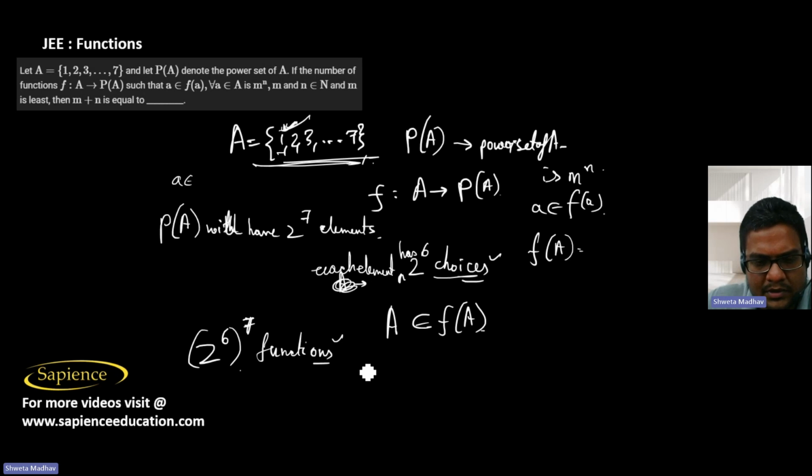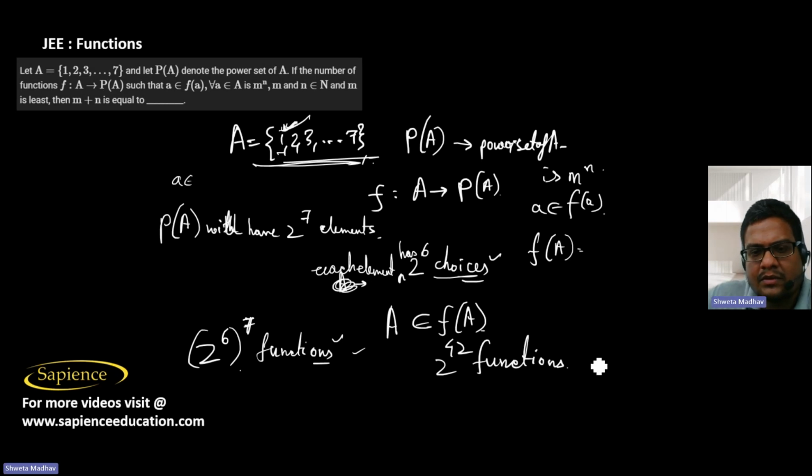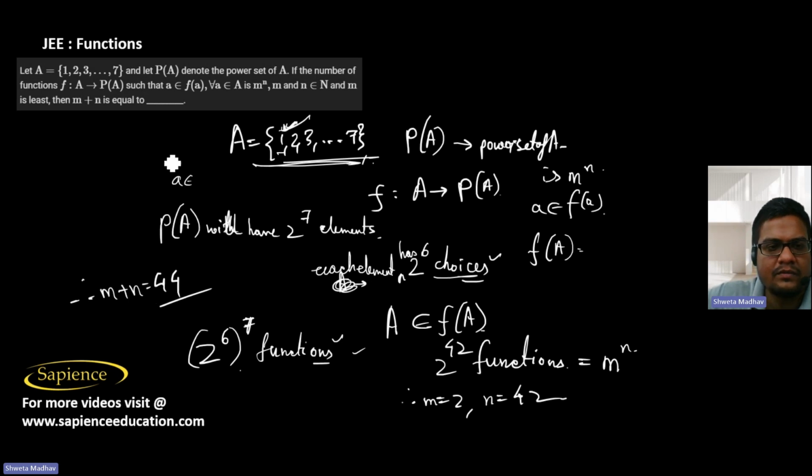So 2 power 6 power 7 functions it will have. So it is 2 power 42 functions that will be formed, which is equal to m power n. So therefore m will be equal to 2 and n will be equal to 42. So therefore m plus n will be equal to 44. So 44 is the answer.